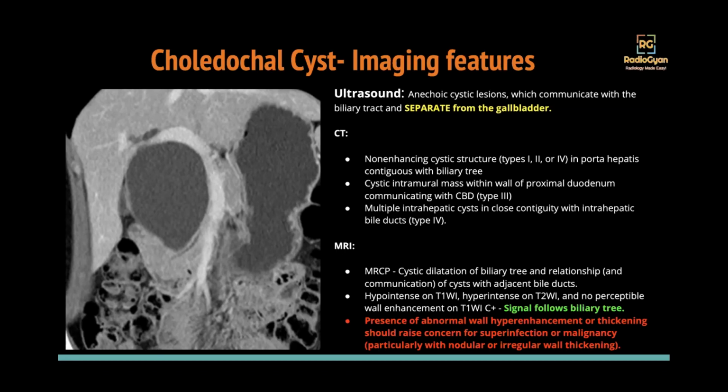We can also do a hepatobiliary specific agent, which can also delineate these bile ducts better in the delayed phase, but that is not necessary. So that was the imaging appearance, pathophysiology, and what we need to look for and report in a choledochal cyst. If anybody has any questions, we can answer them in the next couple of minutes.